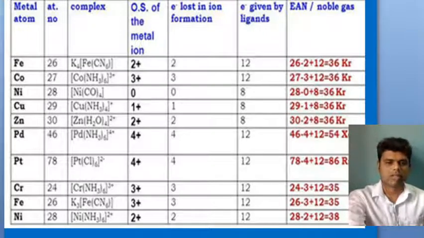Copper's oxidation state will be +1. 4 ligands 0 and copper is +1, so it's written on top of this complex, making that one as Cu(NH3)4 plus. So oxidation state of metal is what? +1. Electrons lost in ion formation is 1. That is Cu+1, no? So its electronic configuration minus 1 electron we should write. So the atomic number is 29 minus 1 plus 2 into 4 ligands will donate 8.